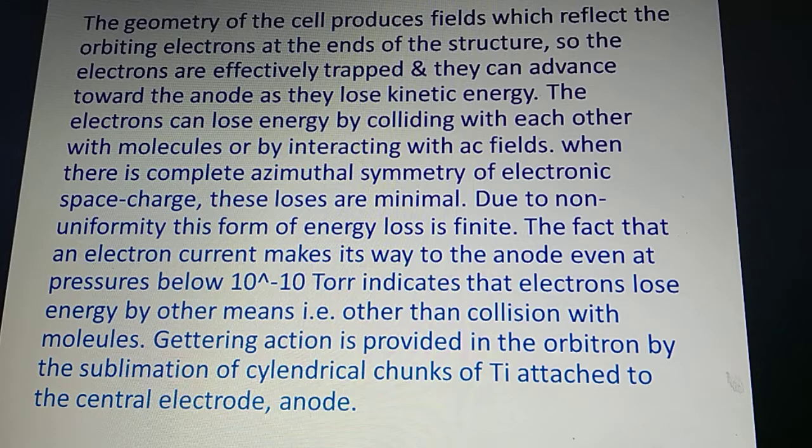So the geometry of the cell produces a field which reflects the orbiting electron at the end of the structure. So the electrons are effectively trapped and they can advance towards the anode as they lose their kinetic energy.